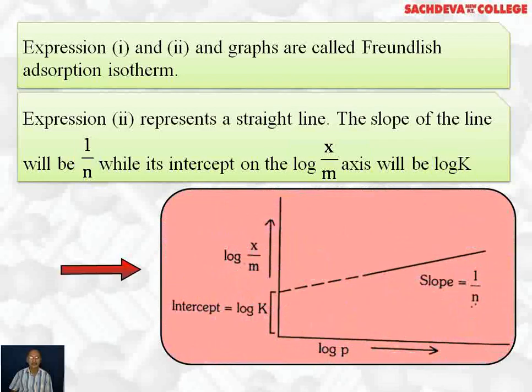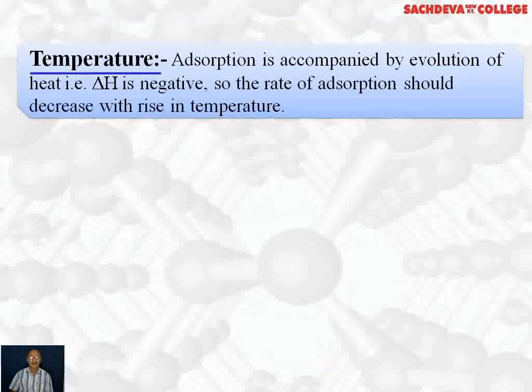This is the graph plotted between log x over m versus log p, and we get a straight line. The intercept cut on the y-axis is representing log k. Slope of this line, which is equal to tan theta, is equal to 1 by n. Temperature. Adsorption is accompanied by evolution of heat, that is delta H is negative.